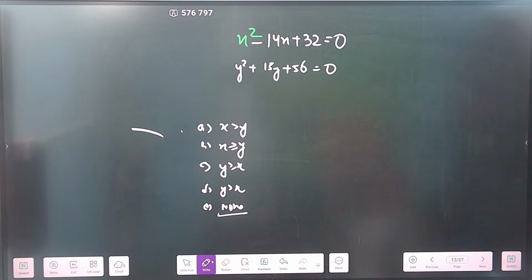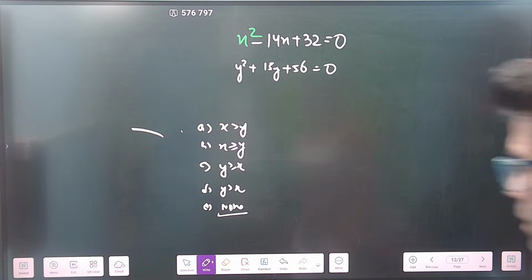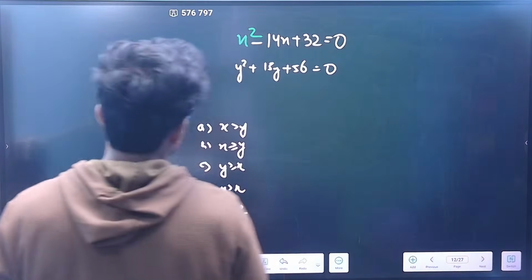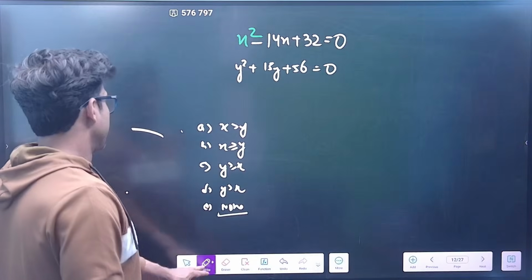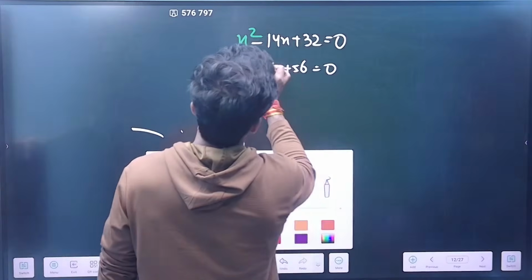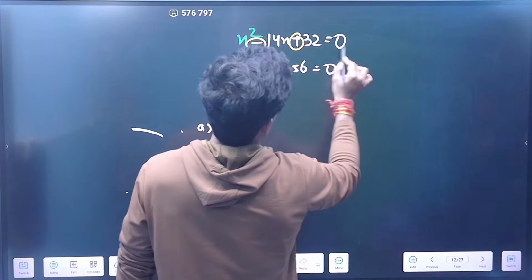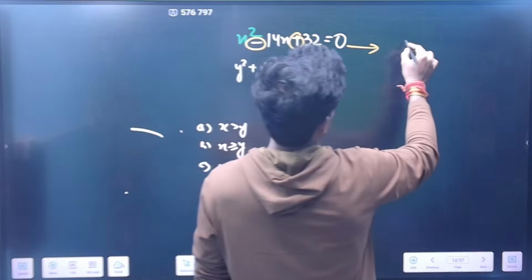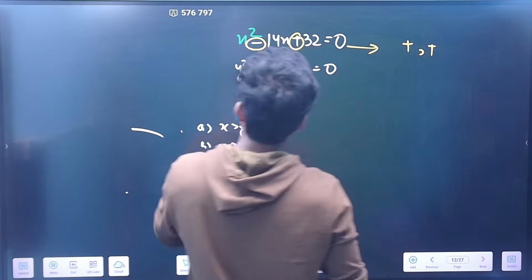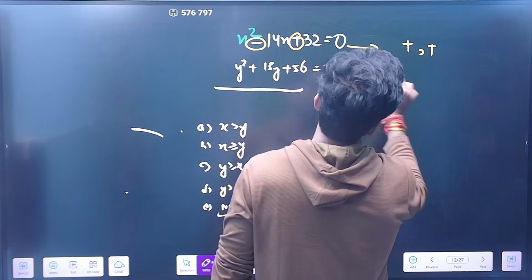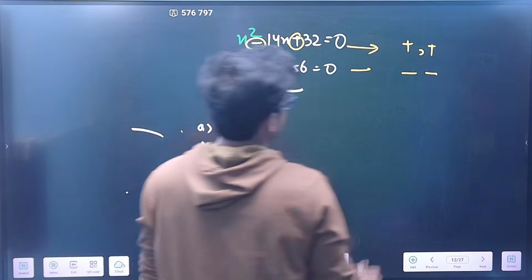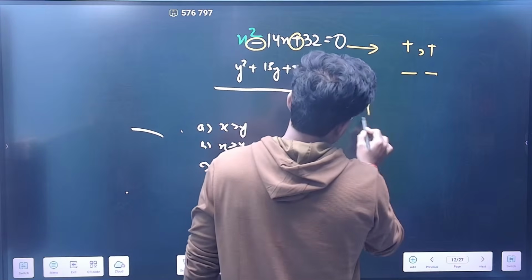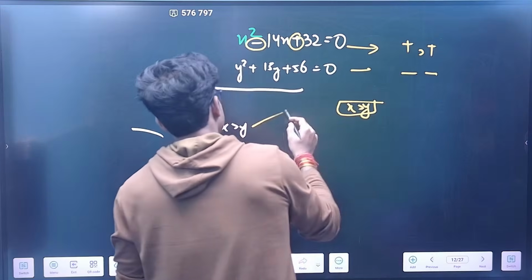What I said just now: just figure out the roots. First the signs: this is a negative sign and this is a positive sign, so the roots would be positive, positive. And when these are all positive, the roots would be negative, negative. So the answer must be x greater than y, option A.